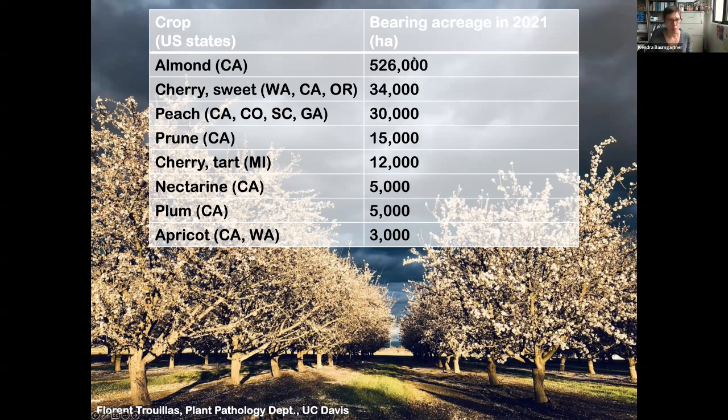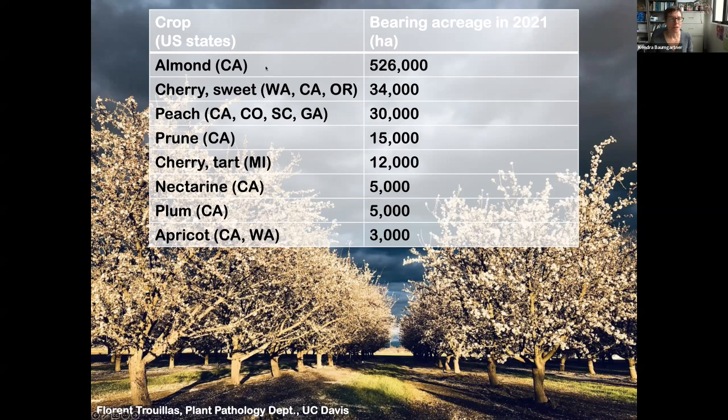And then this column on the right shows the acreage from the last available numbers, which were compiled in 2021 by the USDA National Agricultural Statistics Service, another branch of the USDA. You can see I've converted these to hectares, so they're familiar to you.